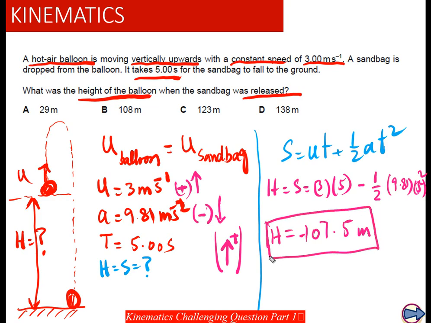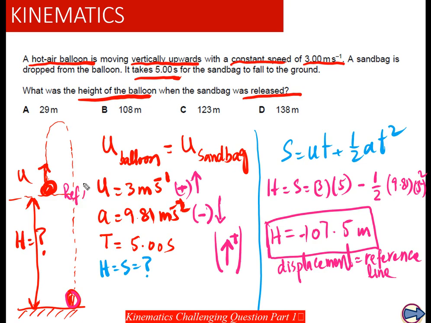Now, maybe some students get confused. Why is the answer negative? Why is the displacement negative? So we need to understand displacement. Displacement means direction, and it depends on the reference line. As we took up as positive, but the ball is landing below the reference line.